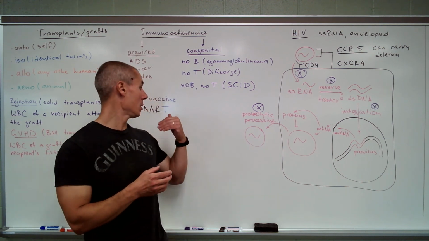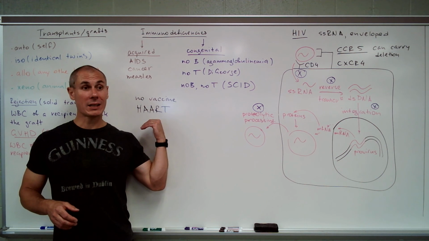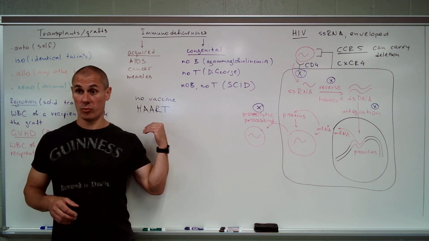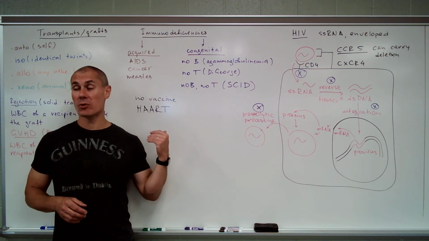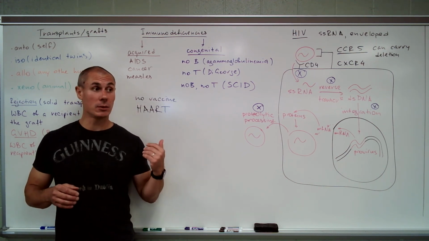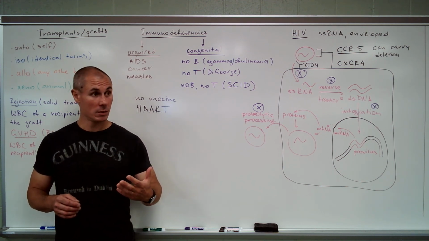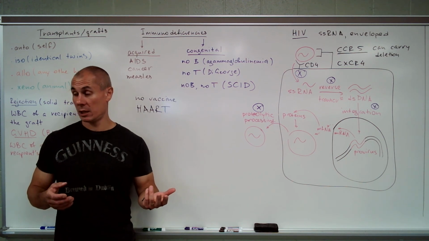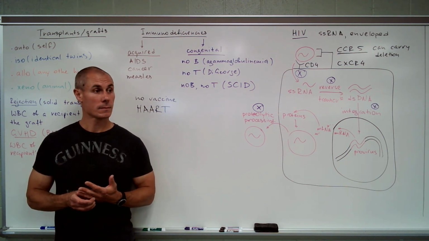Because HAART is extremely effective and safe. Pregnant women can receive highly active antiretroviral therapy, which prevents the transmission to the fetus. So it is absolutely 100% possible to treat pregnant women who are HIV positive, and they will give birth to an HIV negative child. That makes sense?